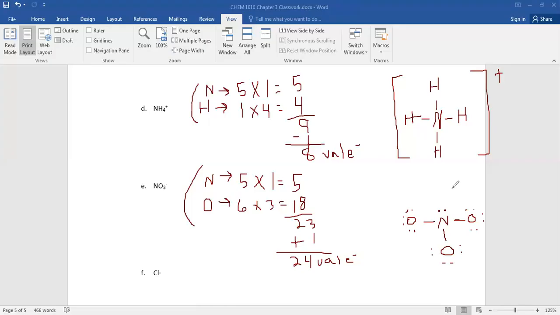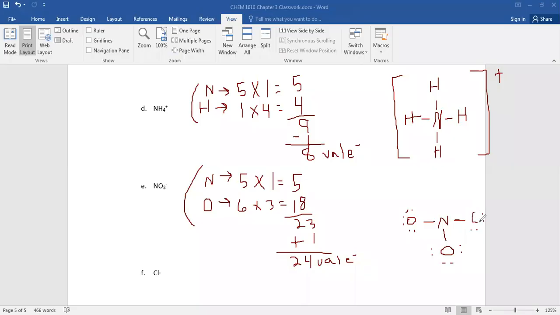So now we do our electron count: 2, 4, 6, 8, 10, 12, 14, 16, 18, 20, 22, 24, 26. We have too many. We only need 24, but we put in 26. So we're going to erase 2 electrons from our central nitrogen and 2 from one of the oxygens. It doesn't matter which one.